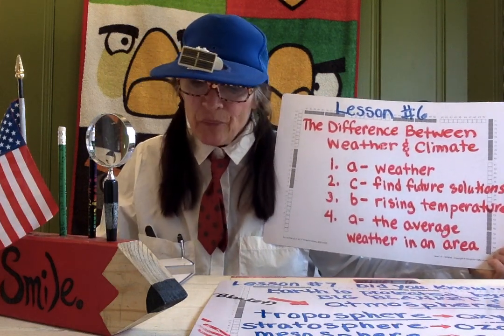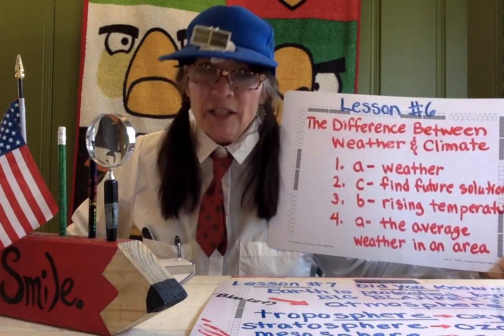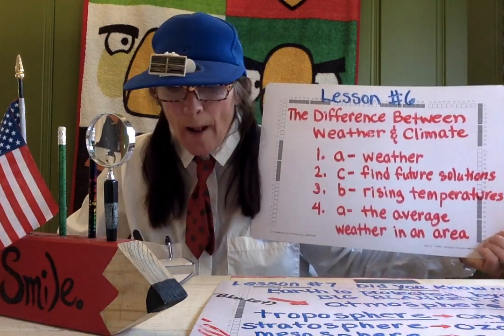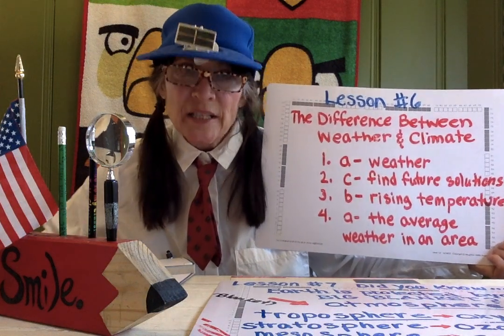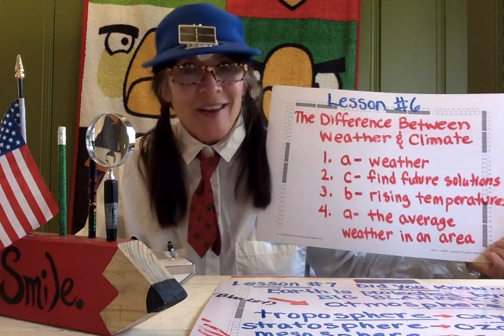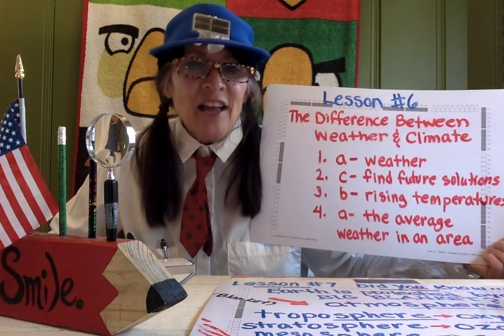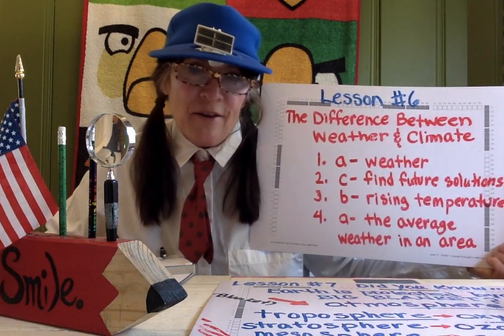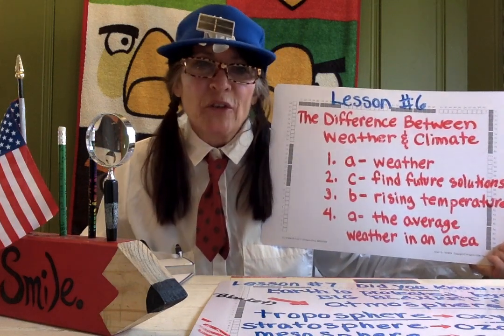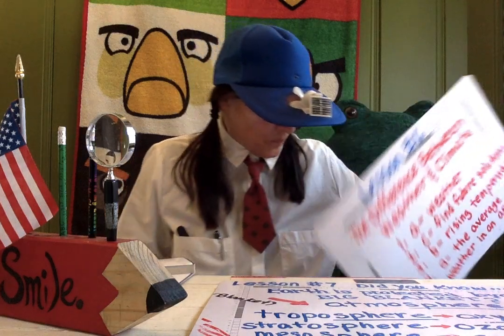Number 3, which of the following is likely to cause the sea levels to rise? And your answer was B, rising temperatures. And number 4 asks, what is climate? And climate is the average weather in any given area. So those were our answers for lesson number 6.